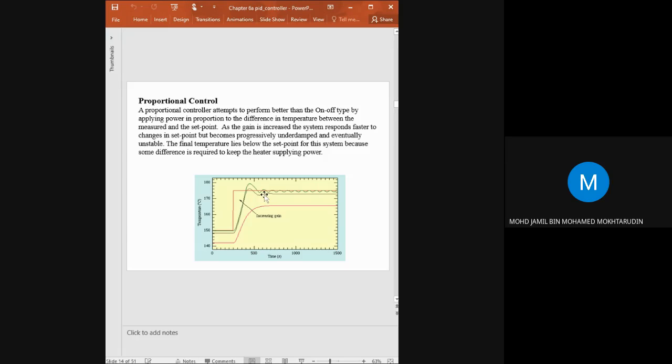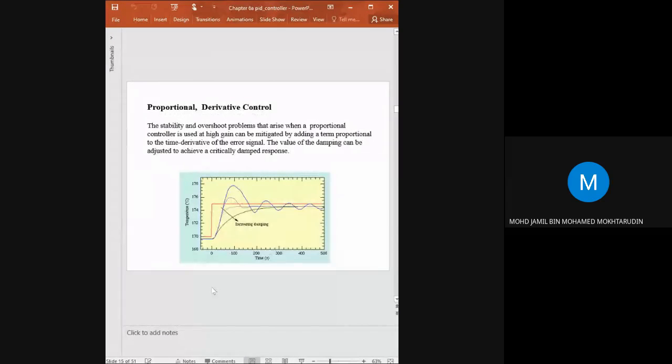So another setback of proportional controller is that it will produce a certain amount of steady state error. Okay, it will not reach the target value exactly, but it will produce some steady state error. So if you use a combination of proportional and derivative controller, then the stability and overshoot problem that arise when a proportional controller is used at a very high gain can be mitigated by adding a term to the time derivative.